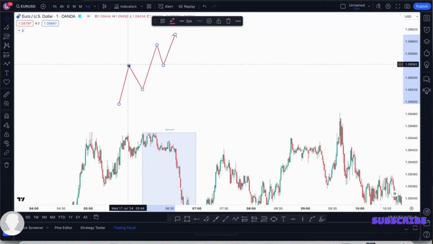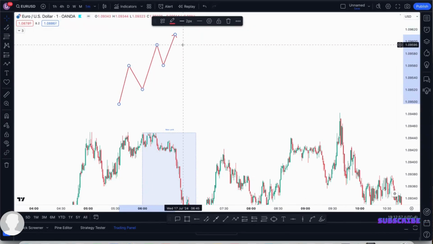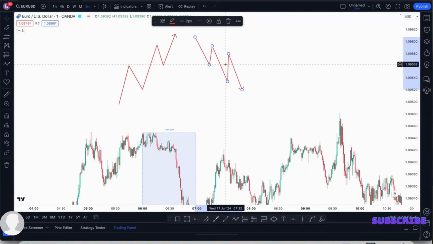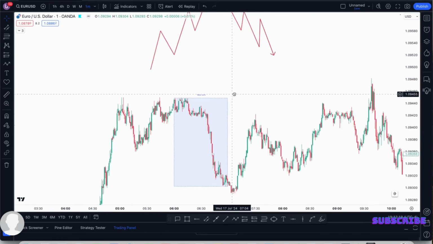This upper section is what we call our buy side liquidity, and the lower section is our sell side liquidity. On the opposite scenario, for a sell: lower low, lower high, lower low, lower high, lower low. These are sell side liquidity, and these are buy side liquidity.